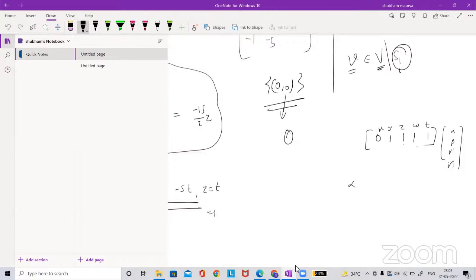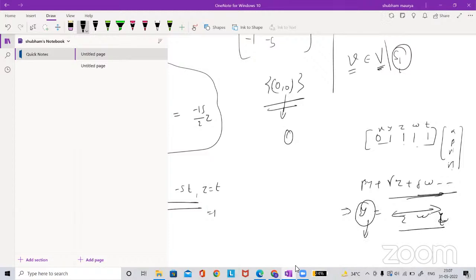So alpha is going to be 0, 0 times alpha, plus beta y plus gamma z plus delta w, something will come. It means you can write y in this form, in terms of z, w, t. That's why y works as dependent. You can give these freely, and y is dependent on them. That's why you can see this.